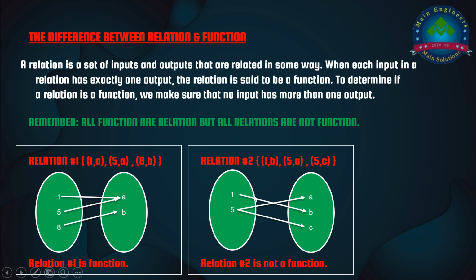So 1 is related to b, that means (1,b). 5 is related to a, that means (5,a). 5 is related to c, (5,c). So here, as we see, one of the inputs has 2 outputs. 5 has 2 outputs, a and c. That means this is a relation, but it is not a function. So we can write, relation 2 is not a function.